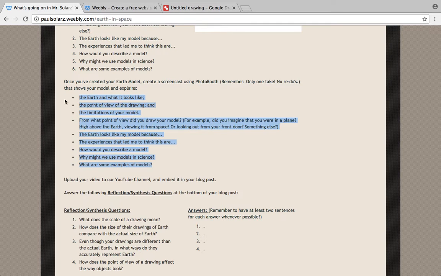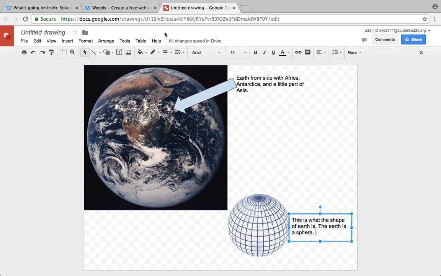The next question is the point of view. From which point of view did I make my model? From which point of view did I draw my model or make my model, whatever. Same thing. For this one right here, I made my model from the side, and it was the side where you can see Africa, Antarctica, and a part of Asia.